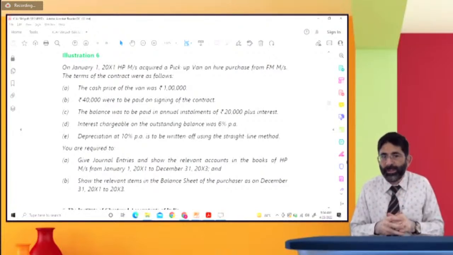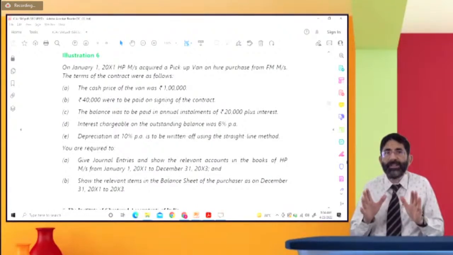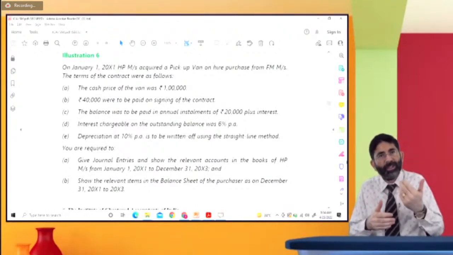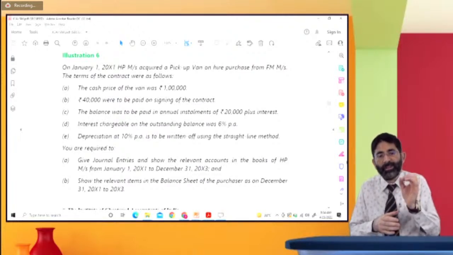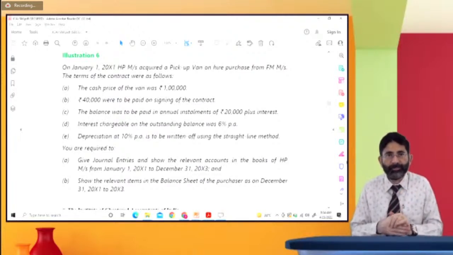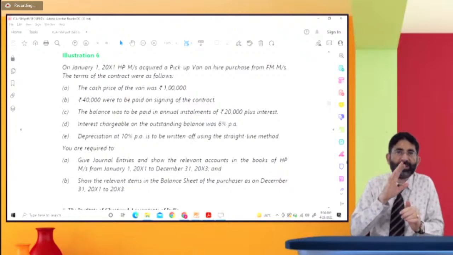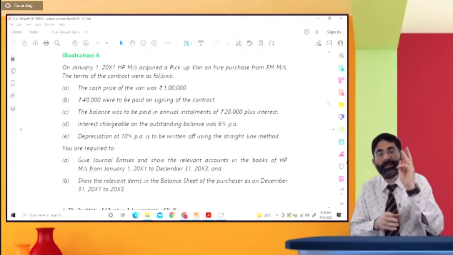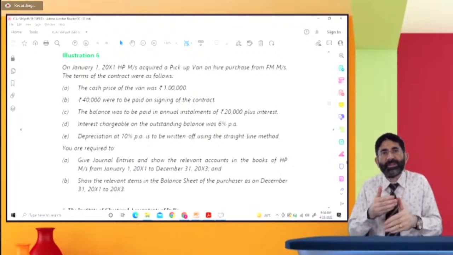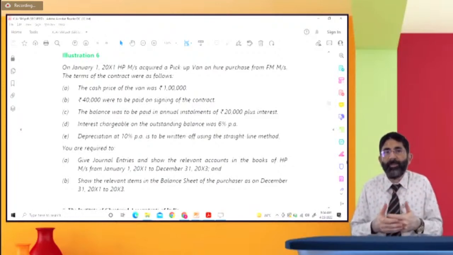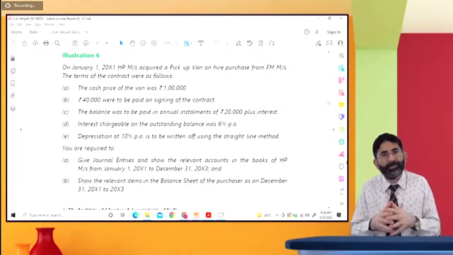Because there is an annual installment, interest can be calculated easily. If it has been mentioned that installment is to be paid half yearly and interest rate is 6% per annum, you may take 3% interest, because 6% into 6 by 12 will be 3% for half year.